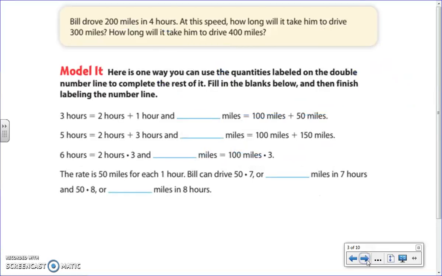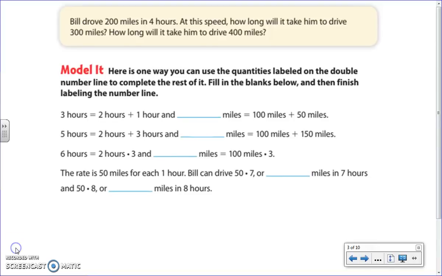All right. So it says that one way you can use the quantities labeled on the double number line is to complete the rest of it. So fill in the blanks below and then finish labeling the number line. So I'm going to go back and forth between these two slides here a few times.